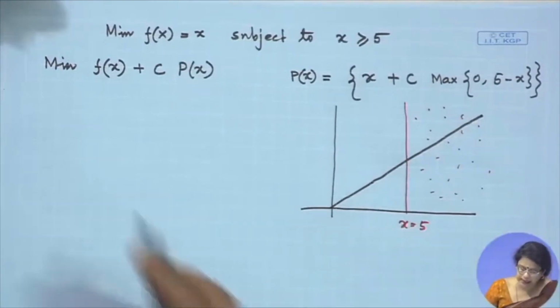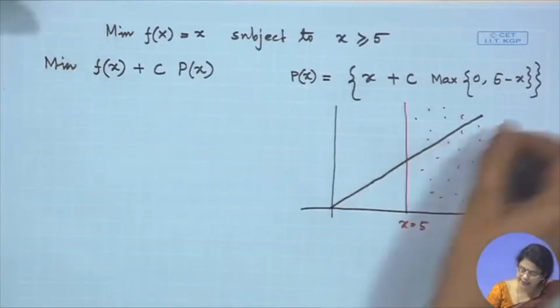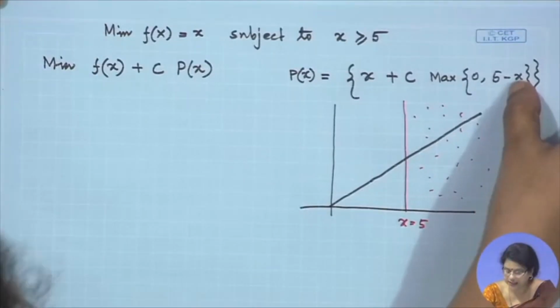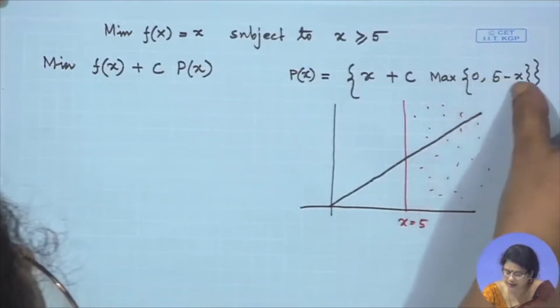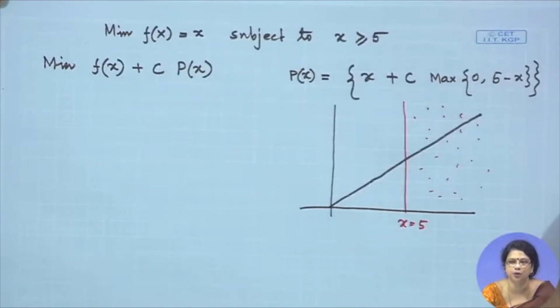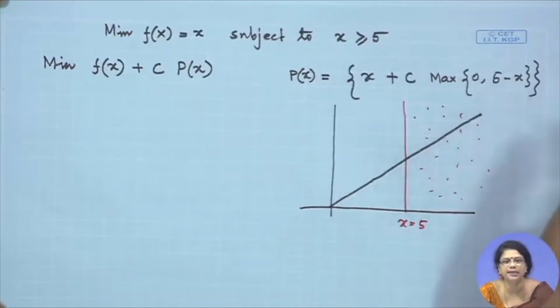Now, you see, if the value of x is 6, then what is the value of this? This is minus 1, and max of 0 and minus 1 would be 0. That is why there is no penalty if we are remaining within the feasible space. But consider the other way.